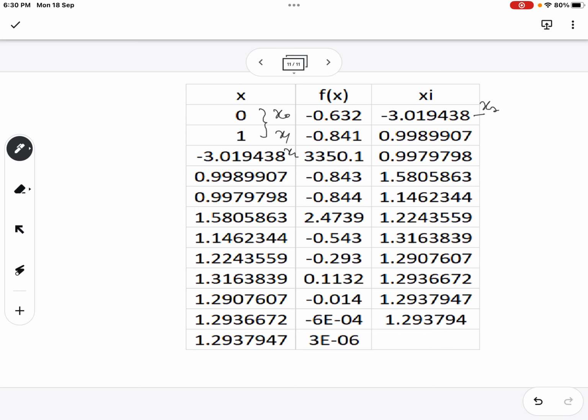Using this we get this, and so on and so forth. So as we can see, we can find the other root correct up to 4 decimal places over here, and that is 1.2937. So this is the other root.